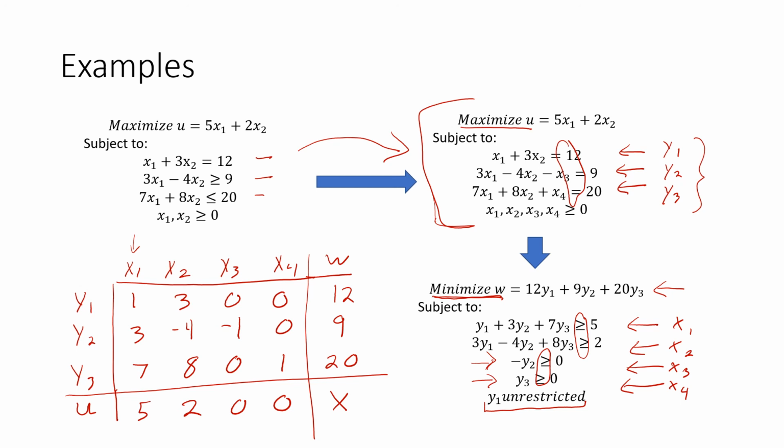That kind of overrides it. So we have that y2 is less than or equal to 0, and y3 is greater than or equal to 0. But y1 is totally unrestricted. It could be any value. That's our dual. And that's how we can create a general dual.